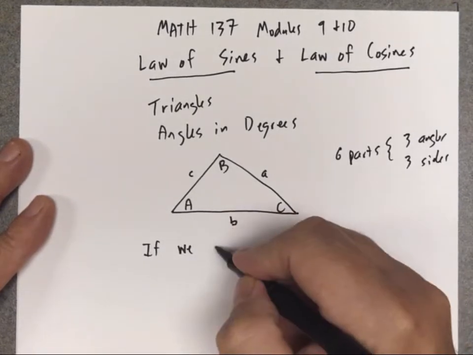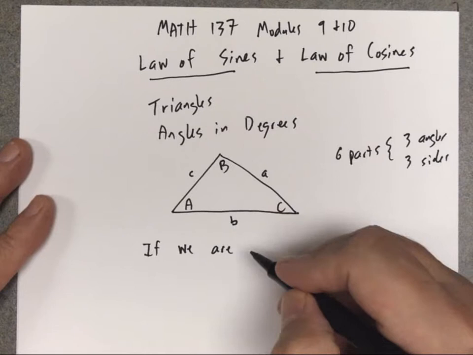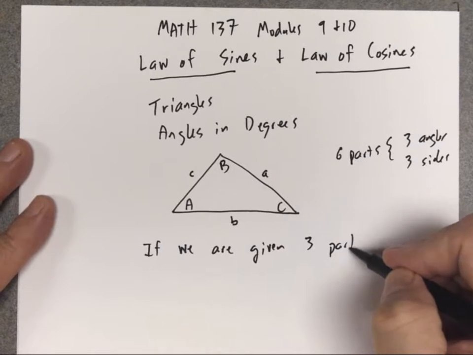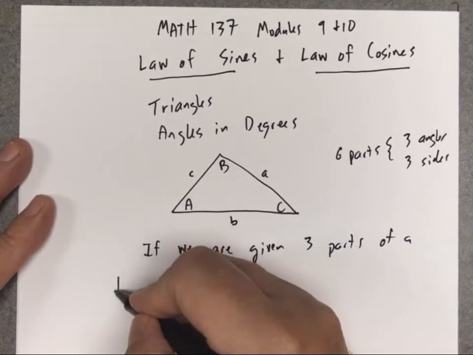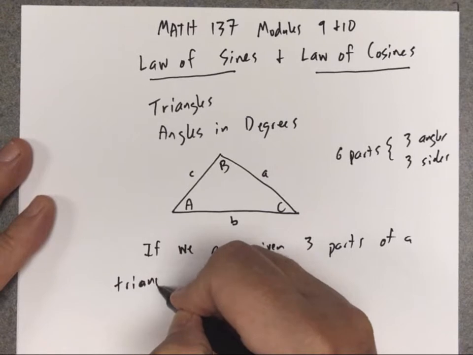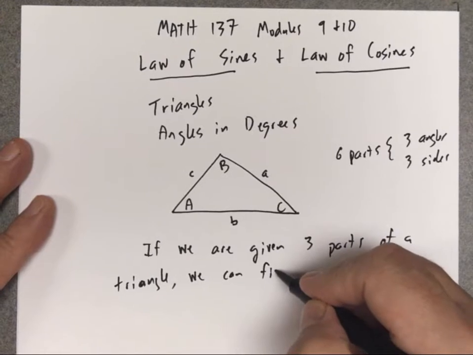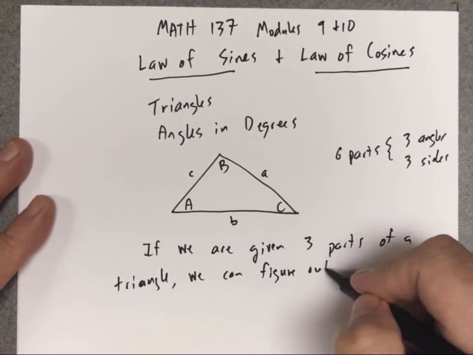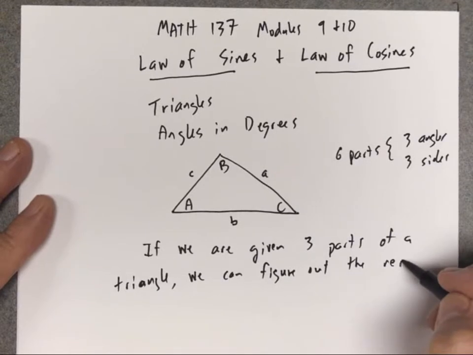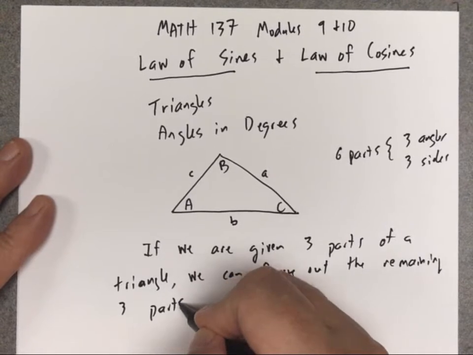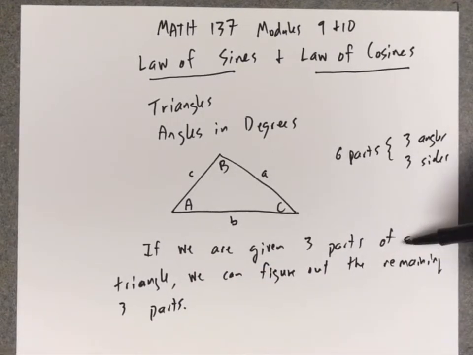If we are given 3 parts of a triangle, we can figure out the remaining 3 parts. Now there's one exception to this, which I'll talk about in a minute, but it's true for almost all triangles.